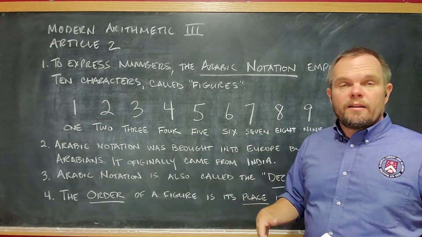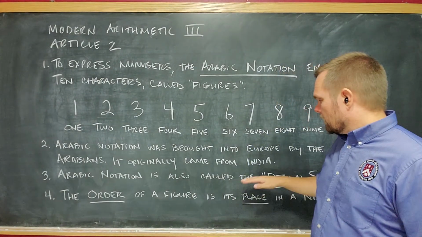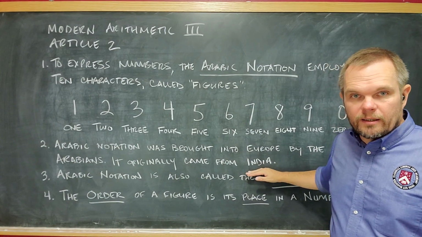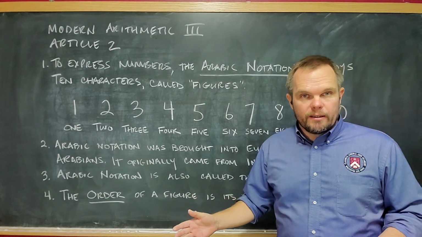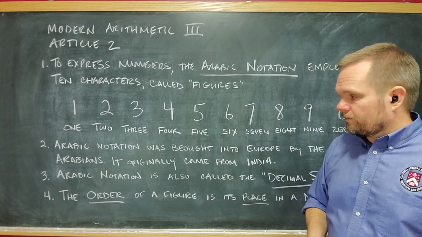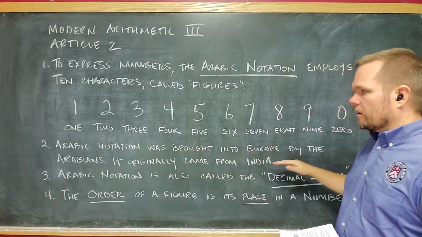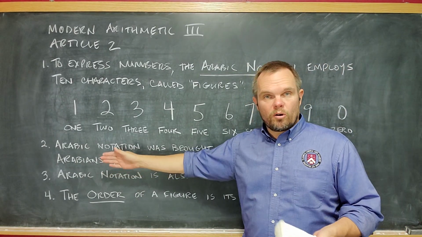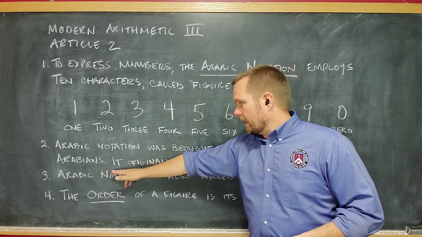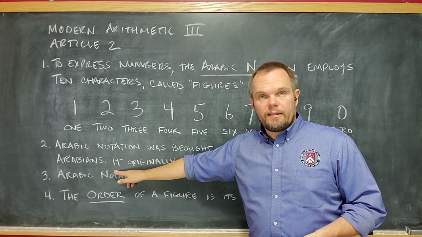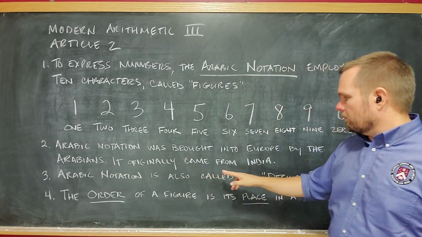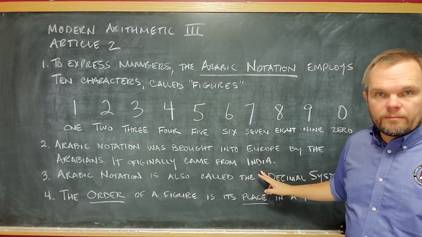And when we say the Indian people, we're talking about ancient India, not Native American Indians, but ancient Indians. So Arabic notation was brought into Europe by the Arabians. That's why it's called Arabic notation. And they learned it from the Indians. It originally came from India.